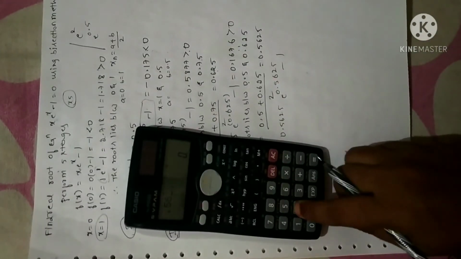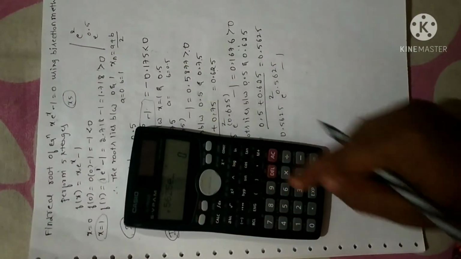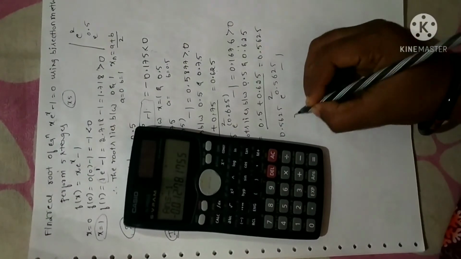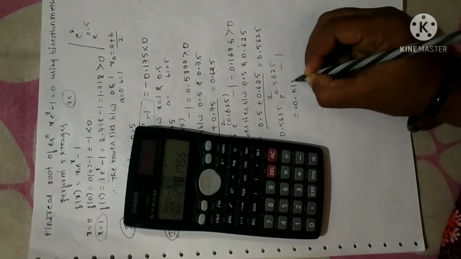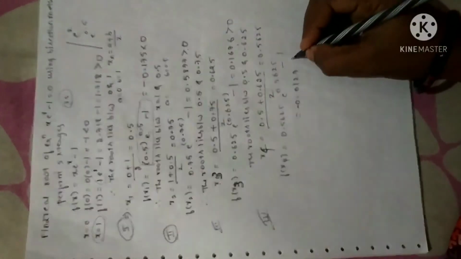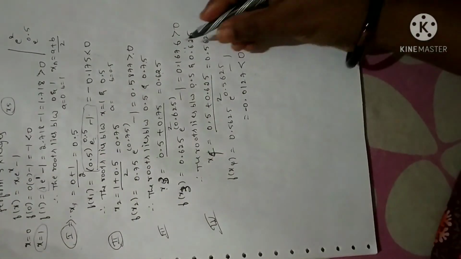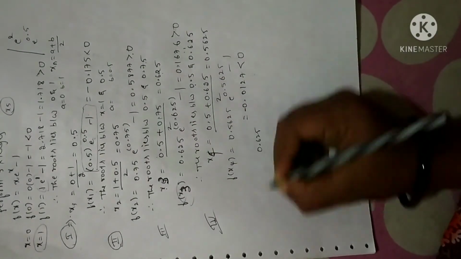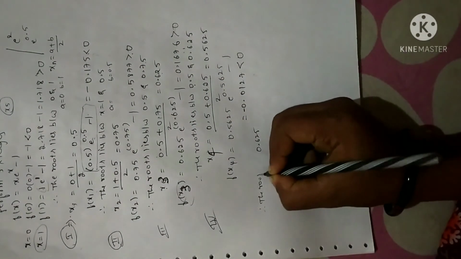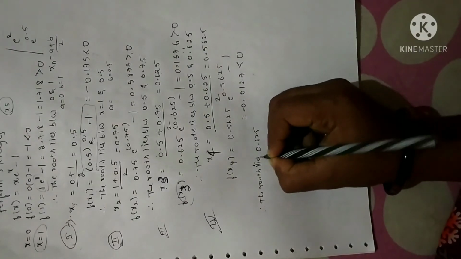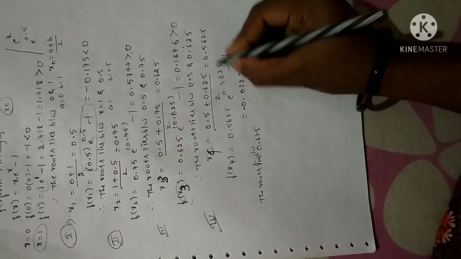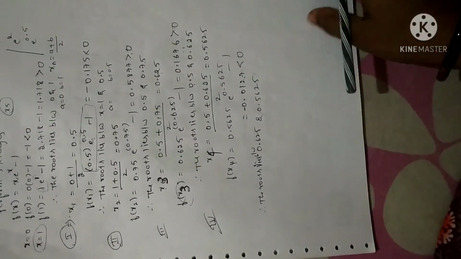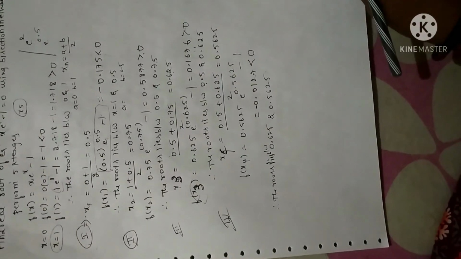That will give us minus 0.0127. Anyhow it is negative, right? So we have to search for the previous positive value, and it is for x3, 0.625. Therefore the root lies between 0.625 and 0.5625. Clear? The procedure is the same, I am just showing you the simplification.